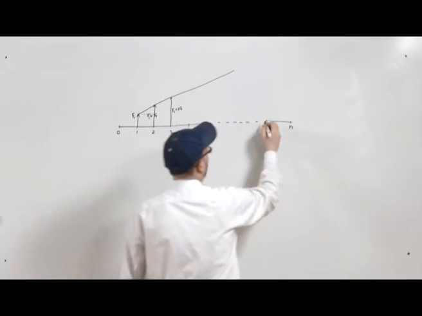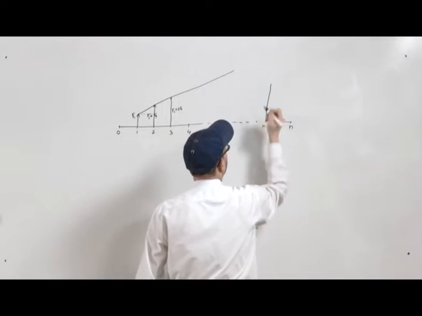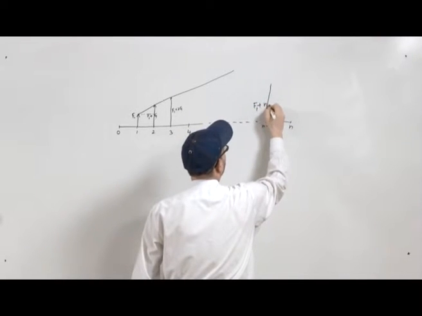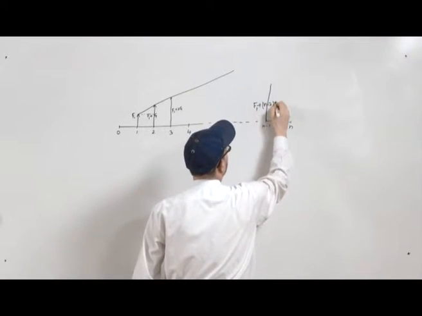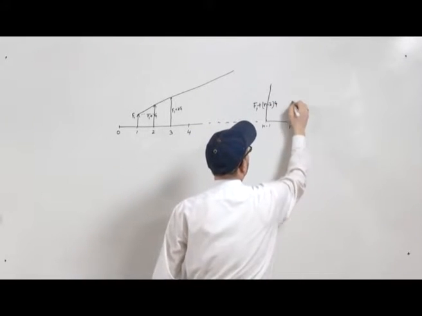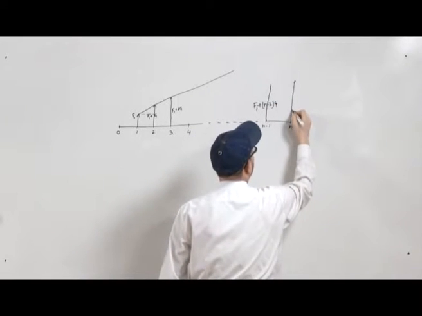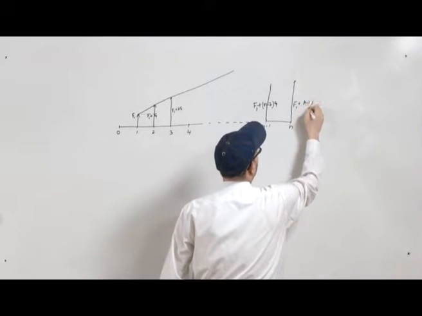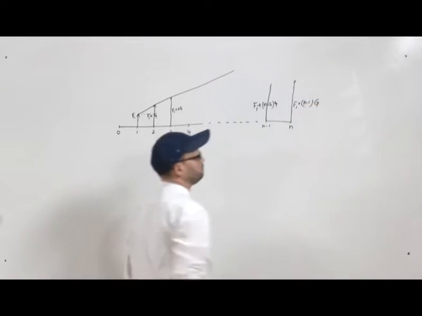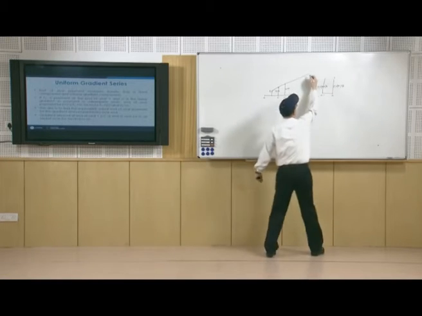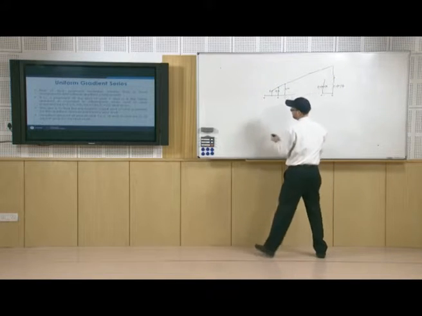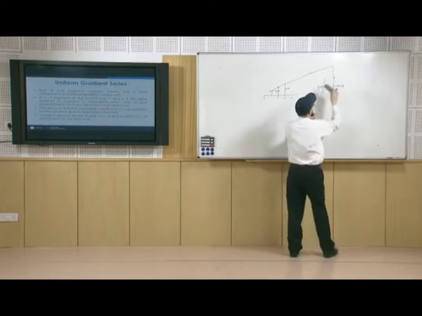Hence, in the n minus 1th year this amount will be F1 plus n minus 2 into G, and in the nth year it becomes F1 plus n minus 1 into G. So, these types of series are known as uniform gradient series.